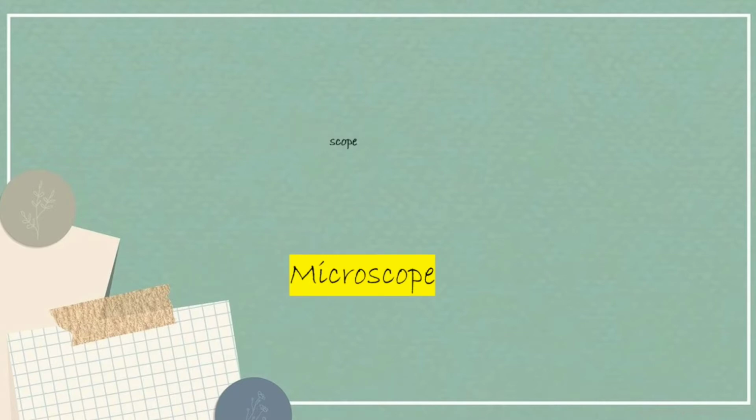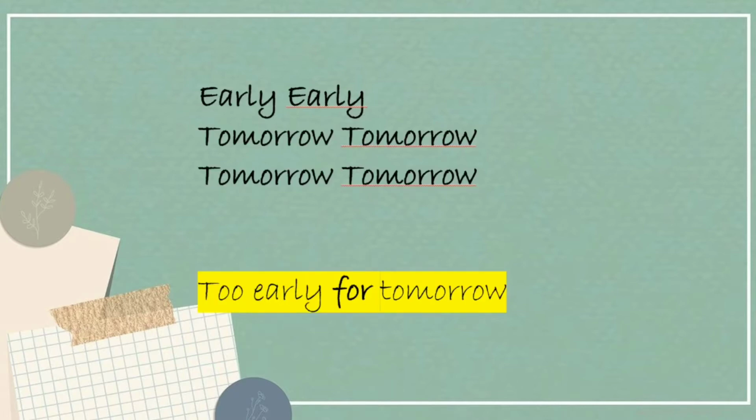Okay, so we have here a tiny, tiny little word, scope, which basically means microscope. Since it's really little, it is micro. Next, we have the words early, early, tomorrow, tomorrow, tomorrow, tomorrow. The meaning of this is too early for tomorrow.